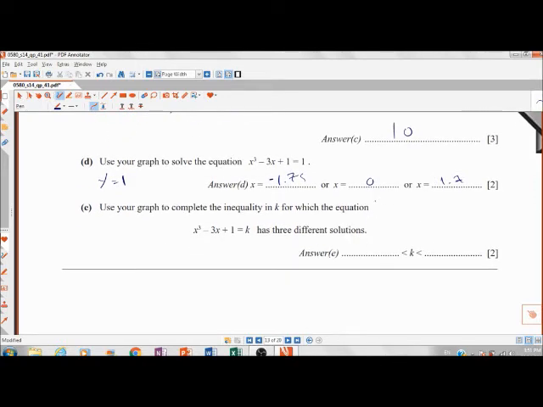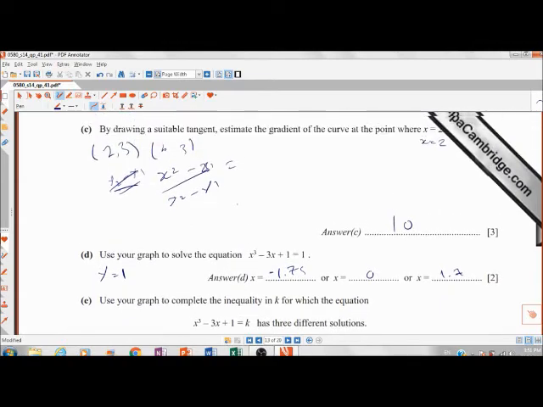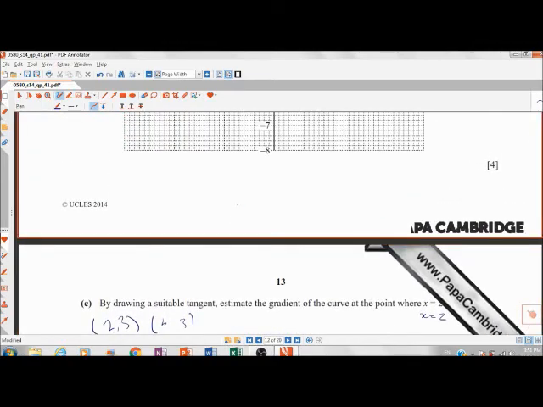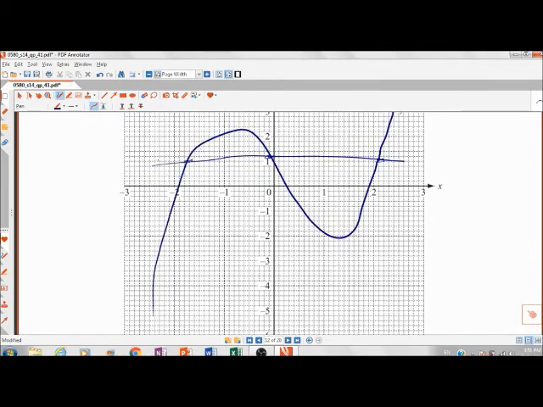Use the graph to complete the inequality in k for which the equation has 3 different solutions. So the only line here that has 3 different solutions, the inequality I mean, should be from this peak until this peak.